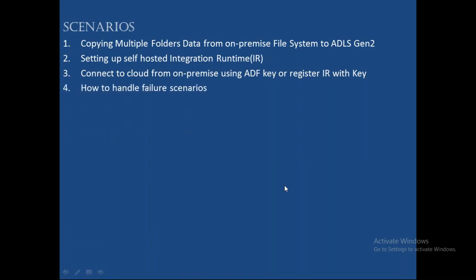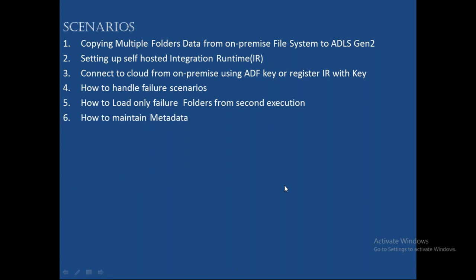You have seen yesterday, if out of 5 tables, 3 tables succeeded and 2 failed, in the next run those 2 also will run. If these 2 also succeeded, as all the 5 tables have succeeded, now it will reset the status back to ready. How to load only failure folders from second execution? This I have shown you yesterday. In the same way, today we are going to see how to load only failure folders from second execution. Next, we will see how to maintain metadata. As we mentioned, today we are going to maintain our metadata in SQL database.